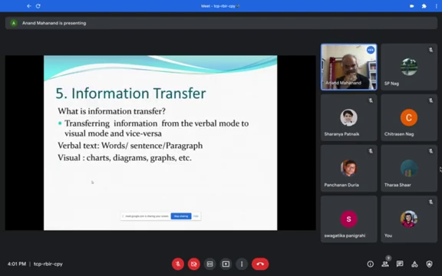Information transfer means transforming information from verbal mode to visual mode, and vice versa. From verbal mode, meaning words and sentences, to visual mode, charts, diagrams, etc. So this act is called information transfer.